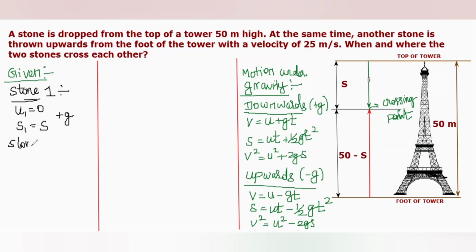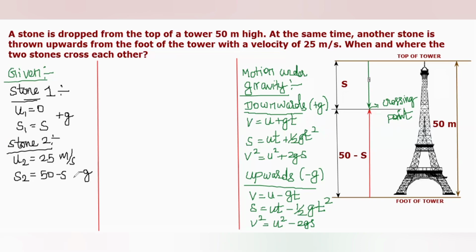Stone 2 is thrown upwards from the foot of the tower. It has the initial velocity of 25 meters per second. Its distance between the crossing point and the foot of the tower is 50 minus s meters, and this one is with minus g.